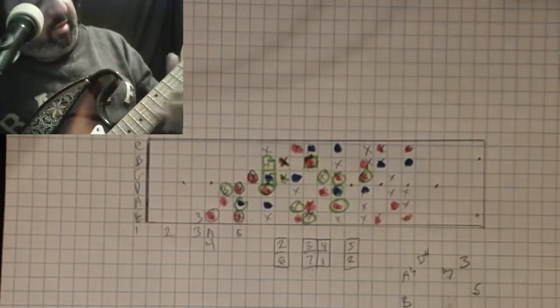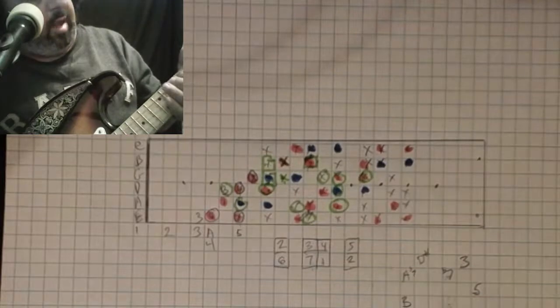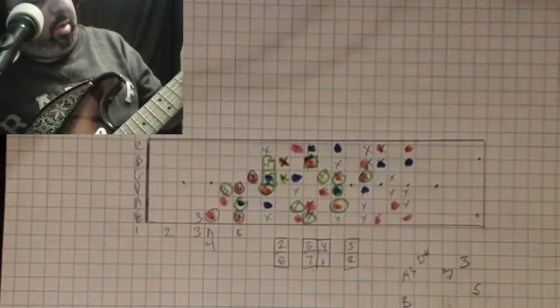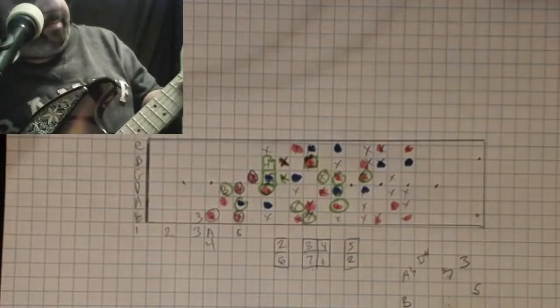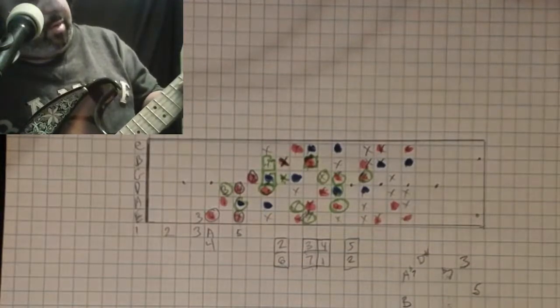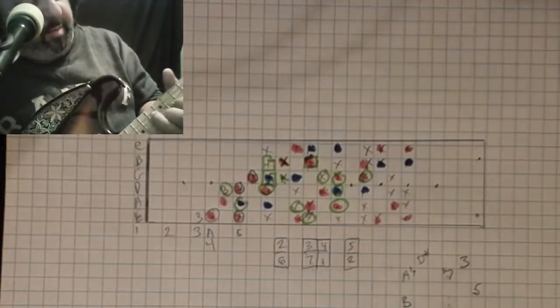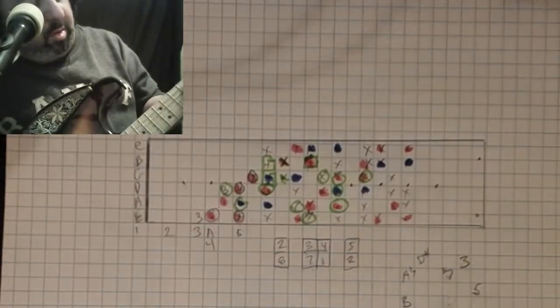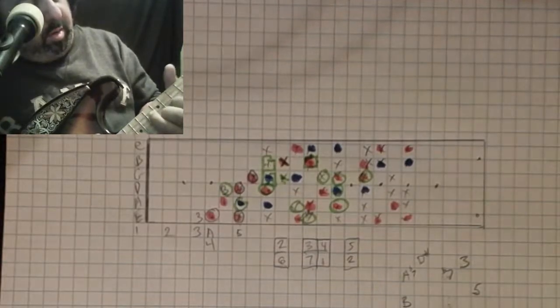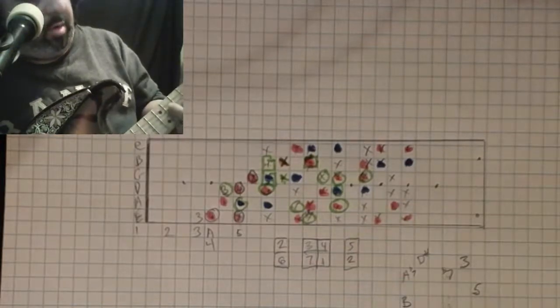What note is that? That's an F sharp. So in our B we have a B, an E flat and an F sharp. So here we had a B. Sounds like an inversion.